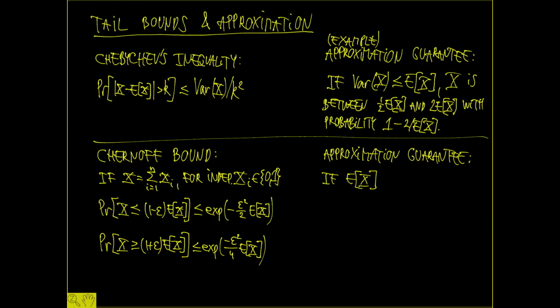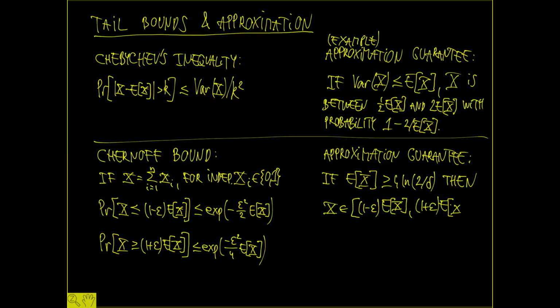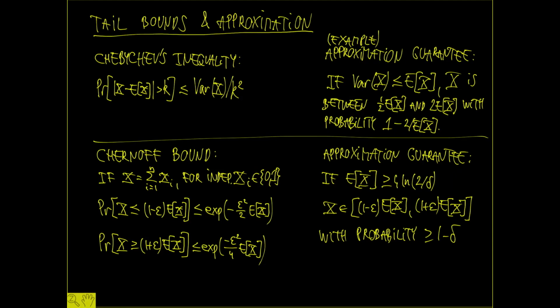So for the lower side, it's epsilon squared over 2, and for the upper side, it's epsilon squared over 4. And there are different variants of this. In terms of approximation guarantee, we see that if the expectation is more than 4 log 2 over delta divided by epsilon squared, then we get that x is in the interval 1 minus epsilon times the expectation to 1 plus epsilon times the expectation, with probability at least 1 minus delta.